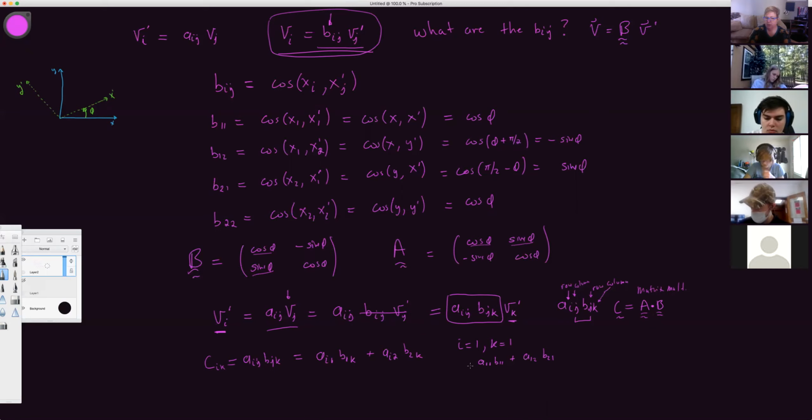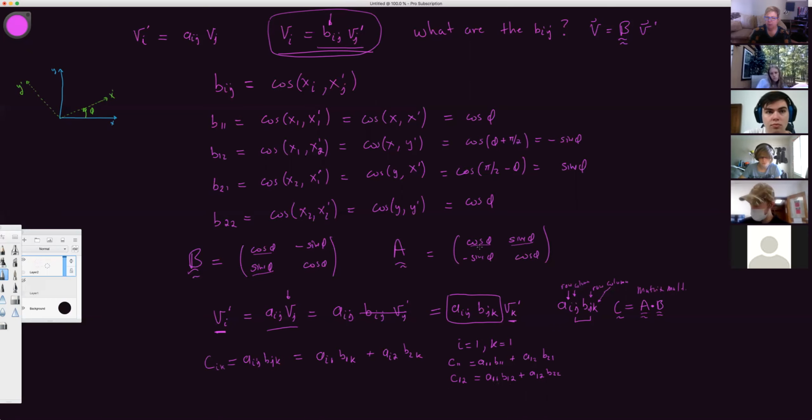So this right here is the 1,1 component of C, right? Let's look at the one at i equal 1, k equal 2. The C1,2 component. Look at my sum here. It's A1,1, B1,2 plus A1,2, B2,2.